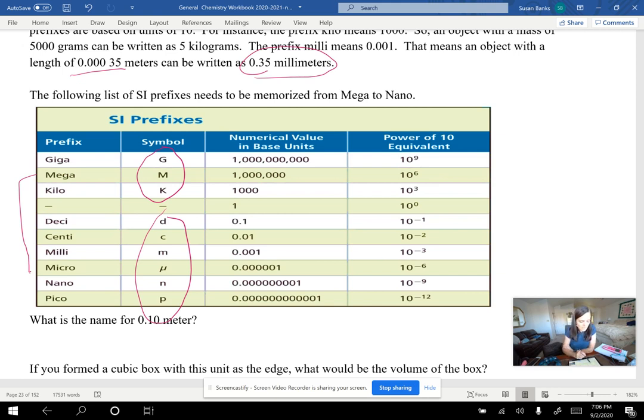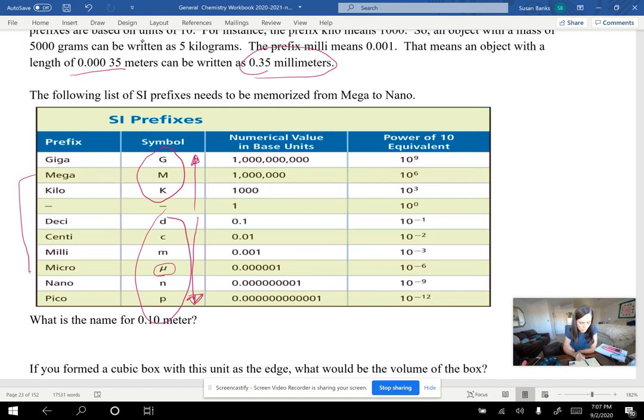Notice all the ones that are bigger than the base unit all have capital letters, and the ones that are smaller than the base unit all have lowercase letters. And then we got this funky letter here in the middle. This is the Greek letter mu. It's kind of like a U with the tail on the wrong side of the U. Okay, so let's talk about each of these prefixes.